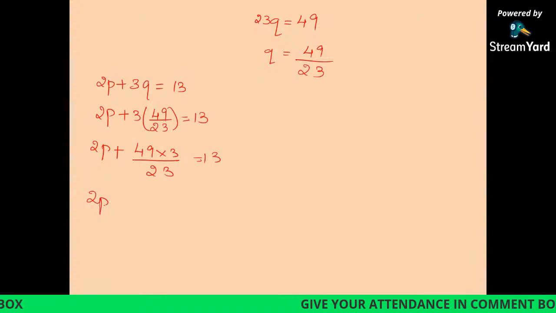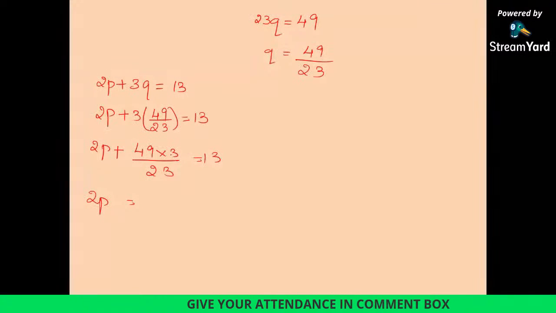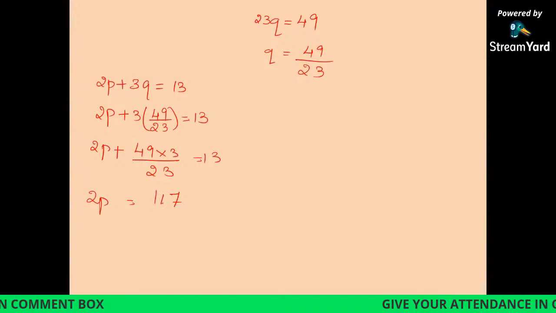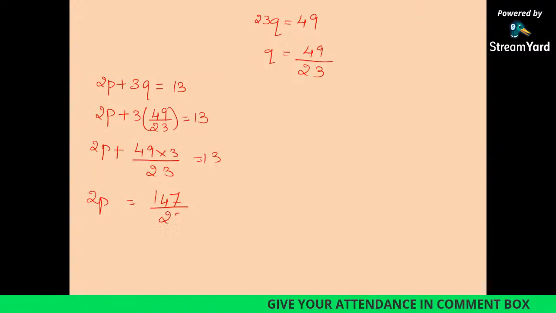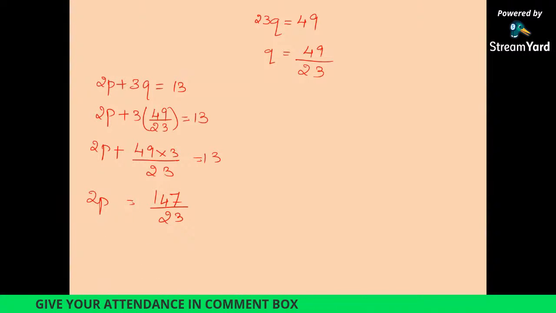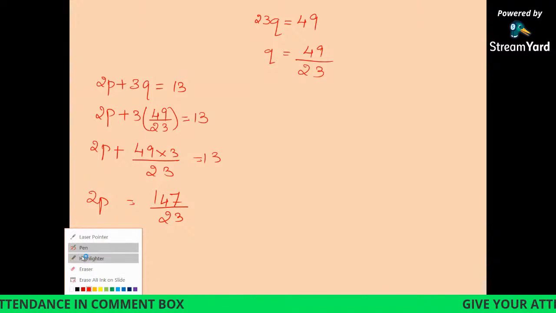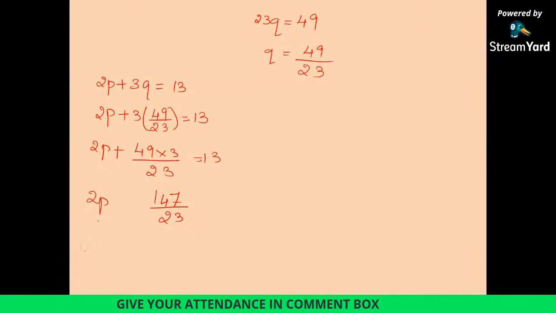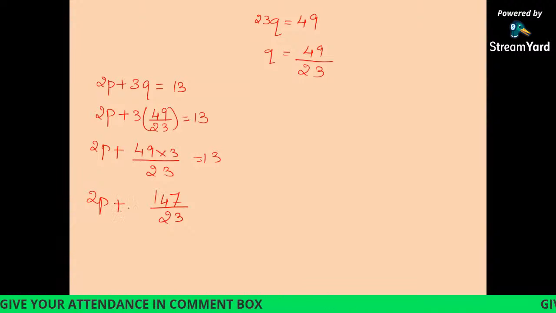Then 2p is equal to, 7 3s are 21, so 147 divided by 23, here it's a positive sign, is equal to 13.